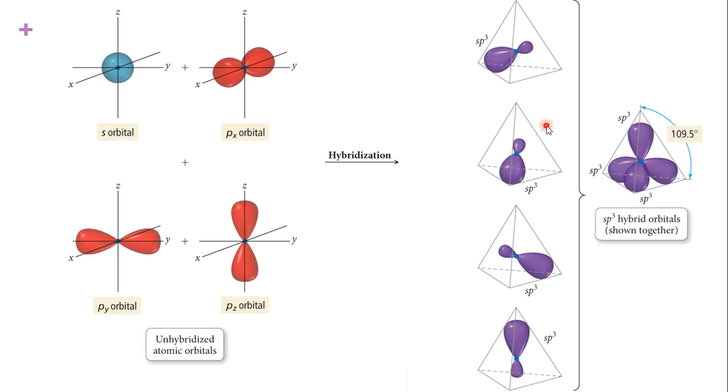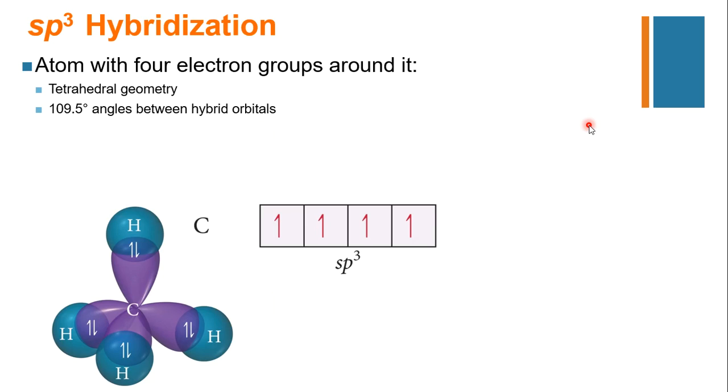So to get those big lobes as far away as they can, it's going to come together in a tetrahedral molecule. So they want to put 109.5 degrees between each of these lobes. So all of these hybrid orbitals have the same energy, and all of these hybrid orbitals are going to dictate the geometry of the central atom, that tetrahedral geometry.